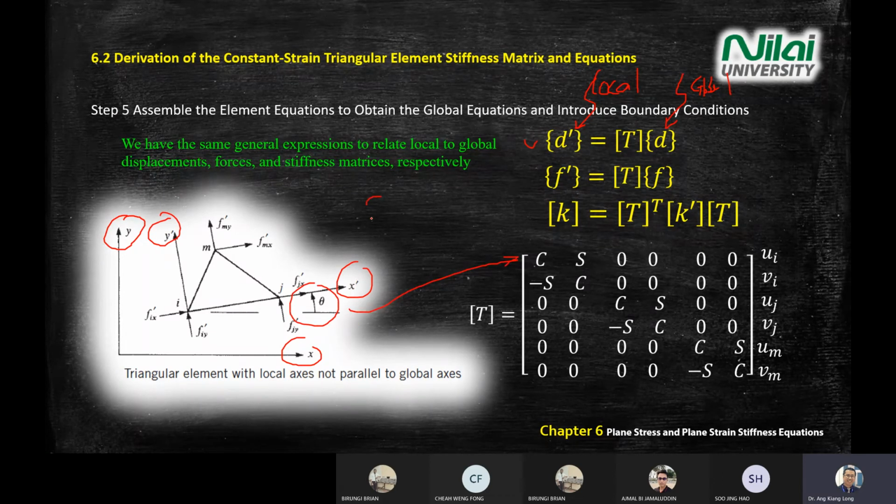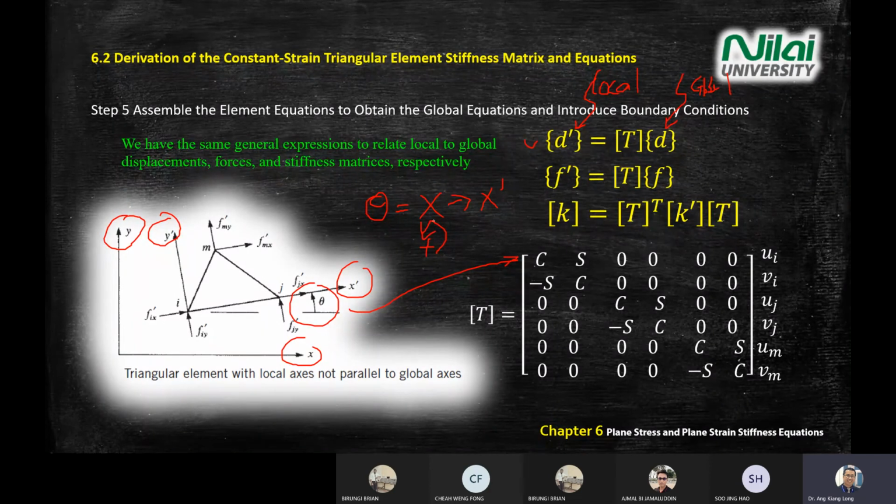Remember what theta is. Theta always refers x to x prime, where positive angle will always be calculated from the x direction, or you can say anti-clockwise direction in this case. Just a recall, you already learned this.